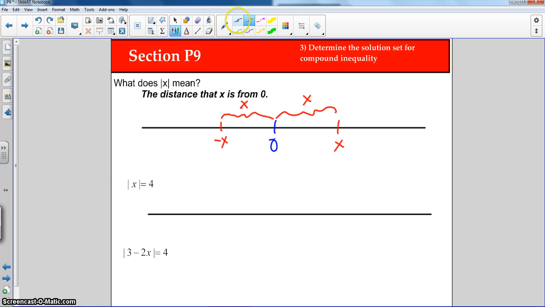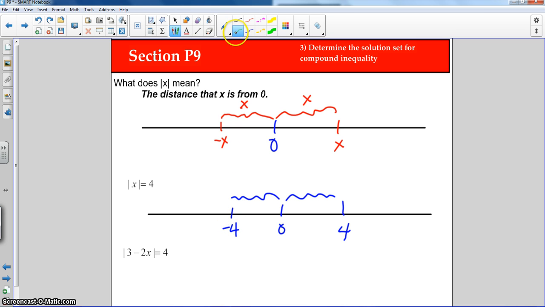Okay, so for example, if I have the absolute value of x equal to 4, that means from 0 I go out 4 units and I'm out here, but I could also be out here at minus 4.